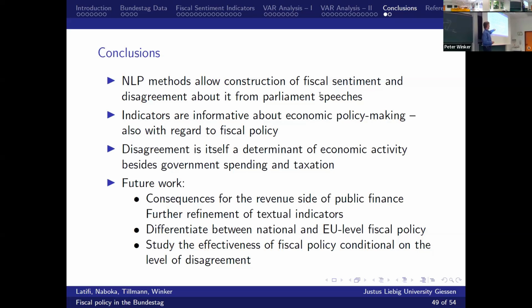Then, we don't make a difference between national and EU fiscal policy, which over the last 20 years is quite important for Germany, and this might provide further detailed insights. And a natural extension would be to look at the effectiveness of fiscal policy in the traditional ways of government spending, and whether a change there has a different impact depending on the level of disagreement we have.